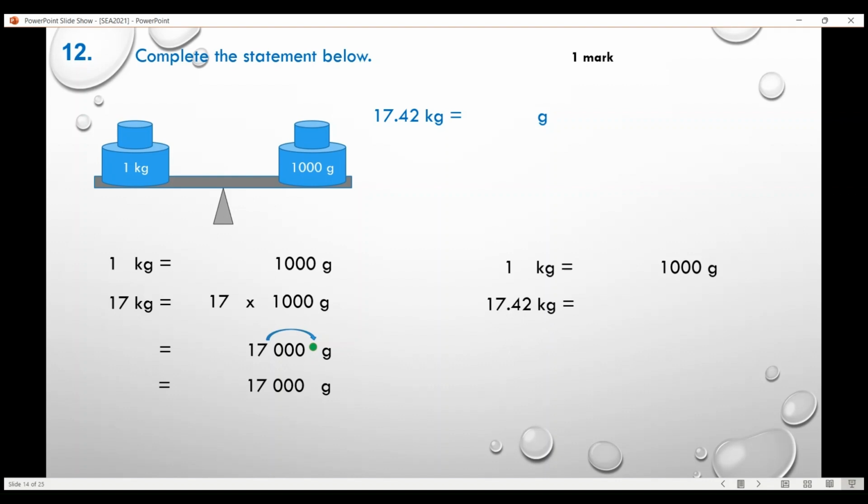So for 17.42 kilograms, we're going to do the same working. 17.42 multiplied by 1,000. And what does that mean? It means that we have to look at the decimal point and we have to move it to the right because we're multiplying. And how many places do we move it to the right? We move it 3 places to the right because there are 3 zeros in 1,000. So when we move it, our final answer will be 17,420 grams.